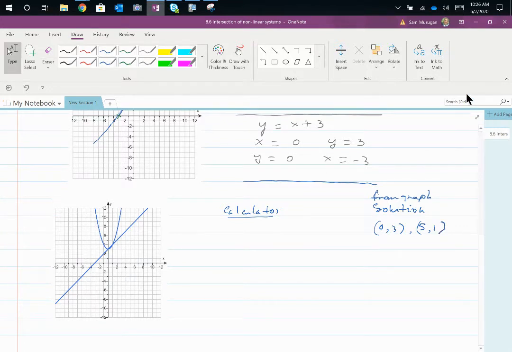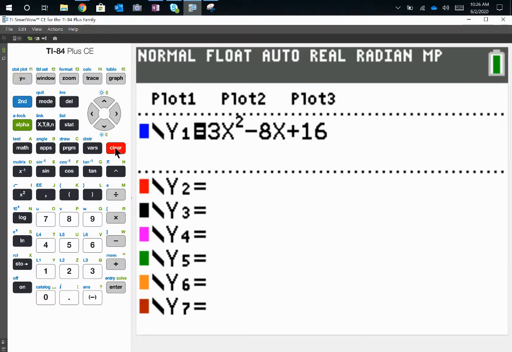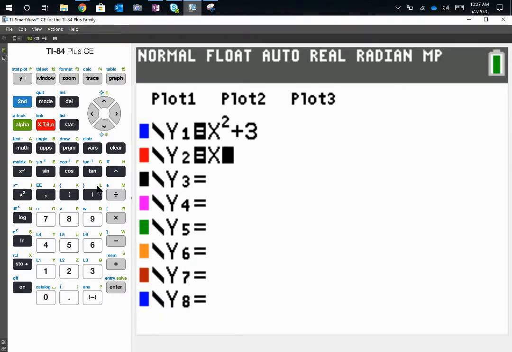So I would go ahead and put these two graphs into the calculator. Y1 equals, say, x squared plus 3, and y2 is equal to x plus 3.